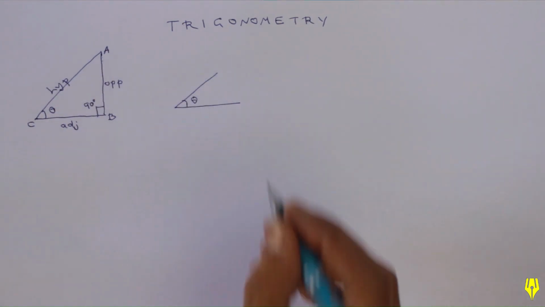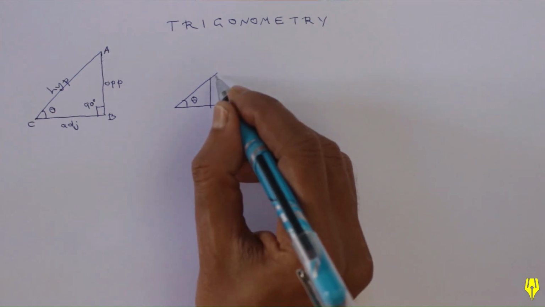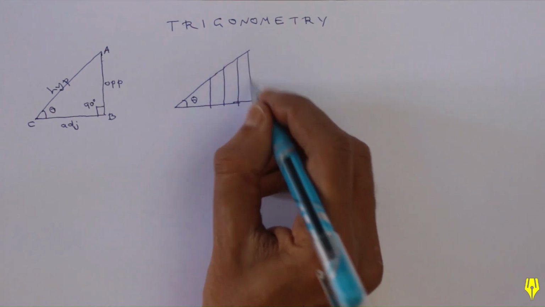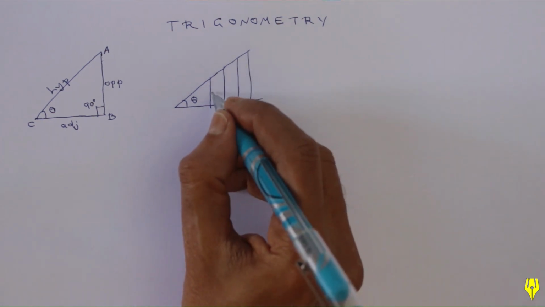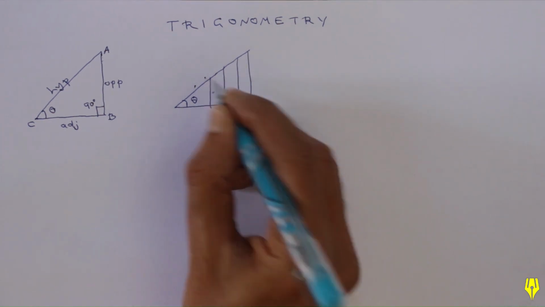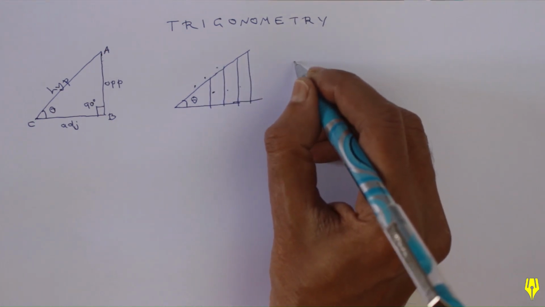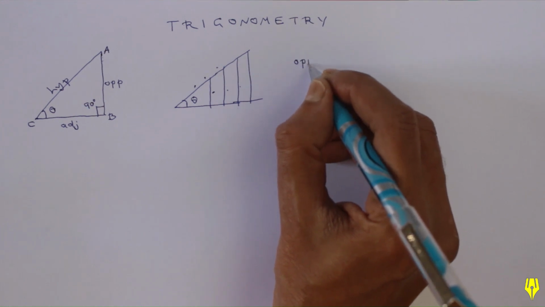In any triangle, for a given angle theta, which we keep fixed, we can see that as we increase or decrease the height, the ratio of the height to the corresponding hypotenuse will always be constant for a constant angle theta.